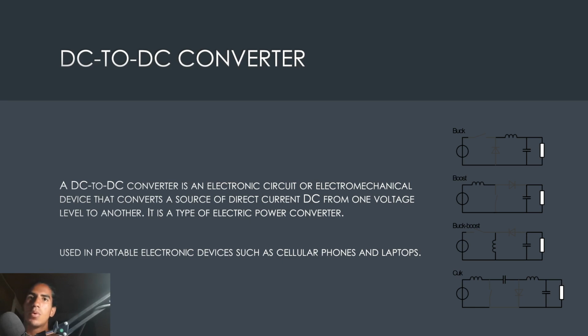It's used on portable electronic devices such as cell phones and laptops. Basically, they are used to change the level of the DC voltage, if you want a higher or lower voltage than the input, then you would use a DC to DC converter.